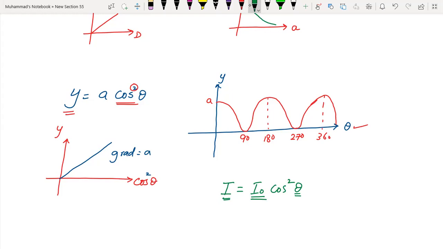So the graph of theta versus I would be like this. Over here, on the y-axis you will have I, and this will be I naught, and the graph will be exactly similar to this. So that's why I told you this graph.